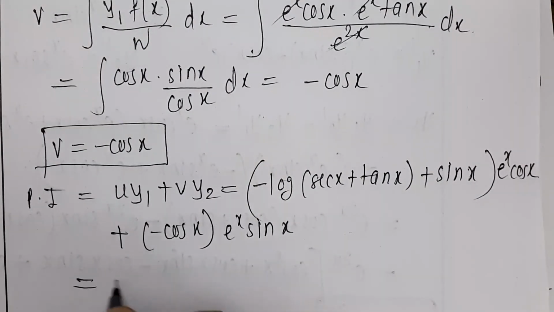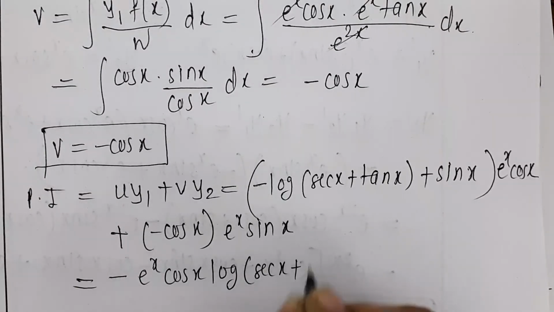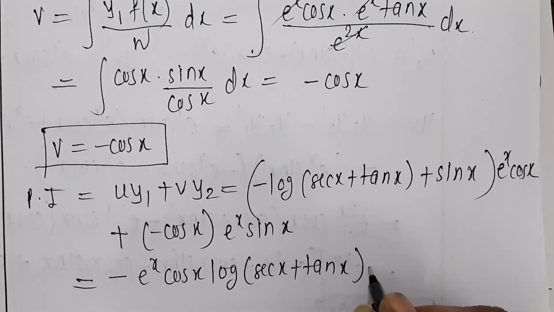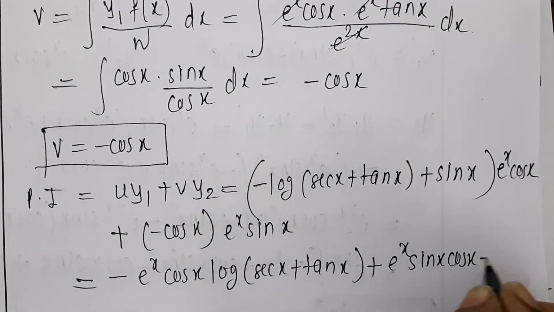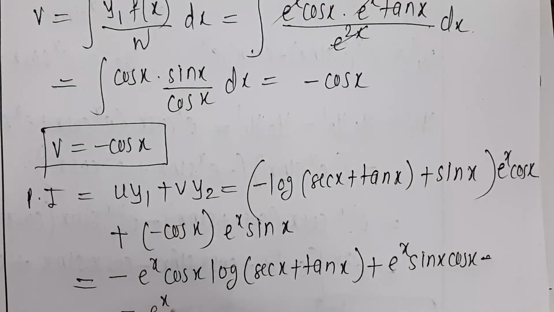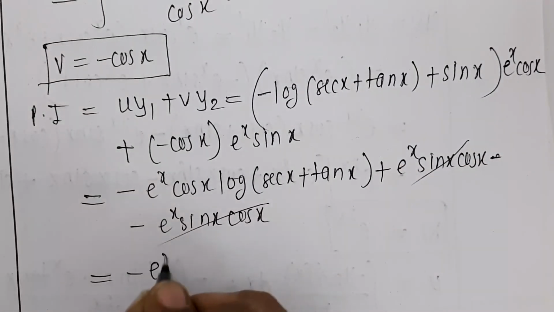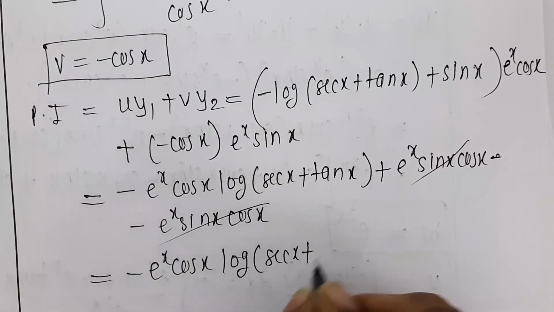So it is equal to minus e^x cos x multiplied by log of sec x plus tan x, plus e^x sin x cos x minus e^x sin x cos x. So this term gets cancelled and the remaining is only minus e^x cos x into log of sec x plus tan x.